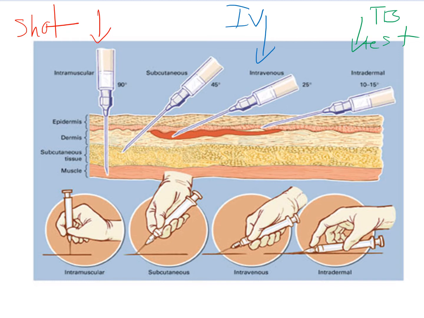In an intradermal injection, you're going right underneath the epidermis and injecting that little tuberculosis pathogen right under the skin. And then you're looking to see, does your patient 48 hours later develop any kind of response to that? Does their skin become kind of red and inflamed? Or does their skin stay normal? And that's your indication of whether or not that patient has had or been exposed to tuberculosis.